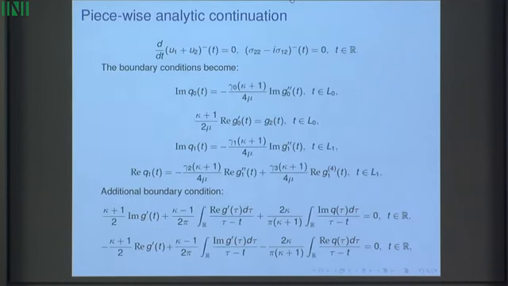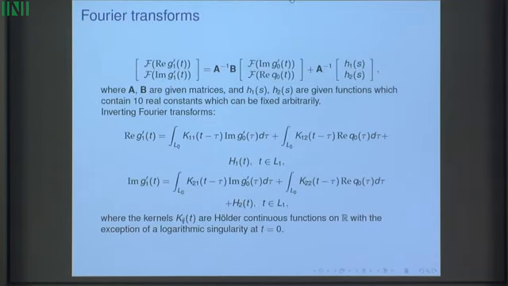Okay, so what do I do here? I take a Fourier transform of these equations, and I use the relationship between the Fourier transform and the Hilbert transform, and the relationship between Fourier transforms and derivatives. Once I do that, it allows me to express Fourier transforms of my functions outside of the contact interval through Fourier transforms of my unknown functions inside of the contact interval.